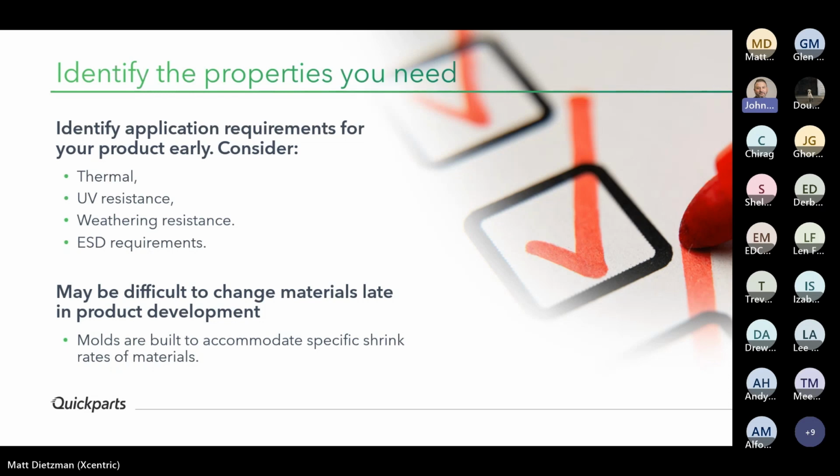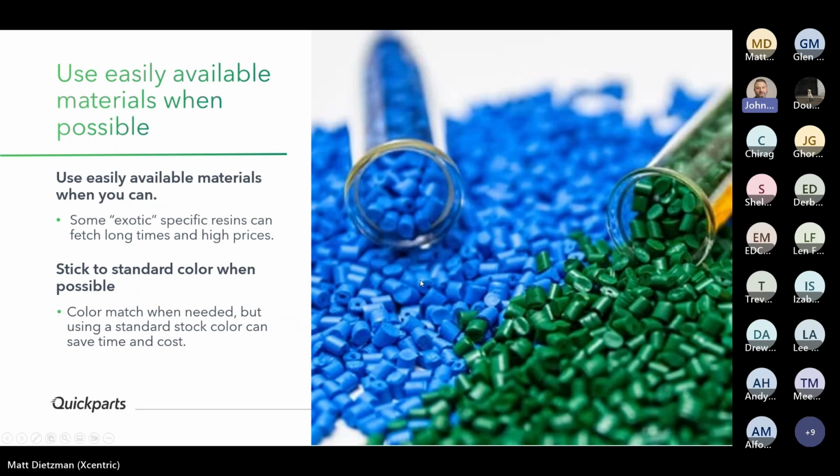And if you try to switch those materials or run those materials through that tool, you're going to end up with a different size part. Maybe bigger, maybe smaller. It may be okay in one direction and not another, just depending on the material. So it's very important to get that material selection up front. And Matt, if we can skip the next slide and go to the 2 down.